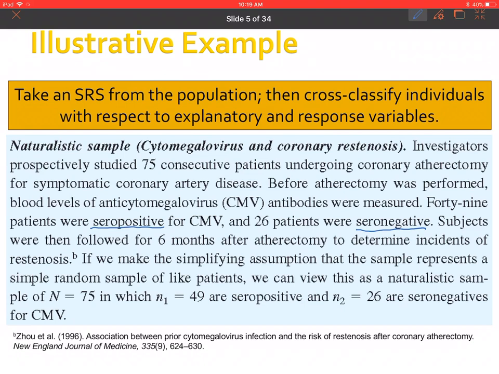Moving on, for this example, the subjects were then followed for 6 months after the atherectomy to determine the incidence of restenosis. If we make the simplifying assumption that the sample represents a simple random sample of like patients, we can view this as a naturalistic sample of n equals 75, in which n1 equals 49 are seropositive and n2 are seronegative for CMV.